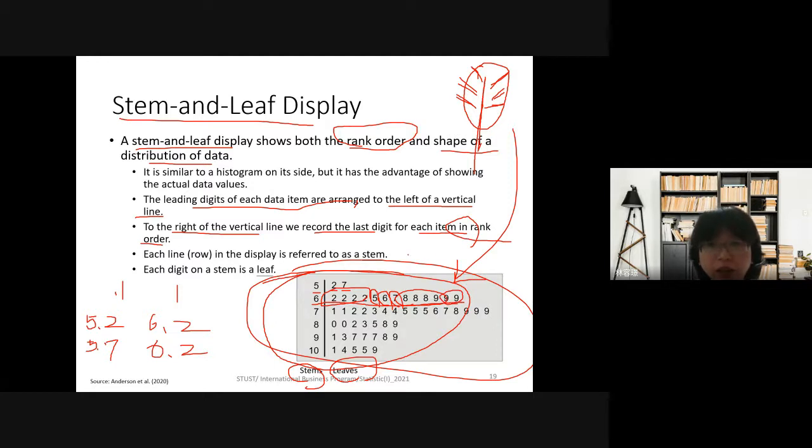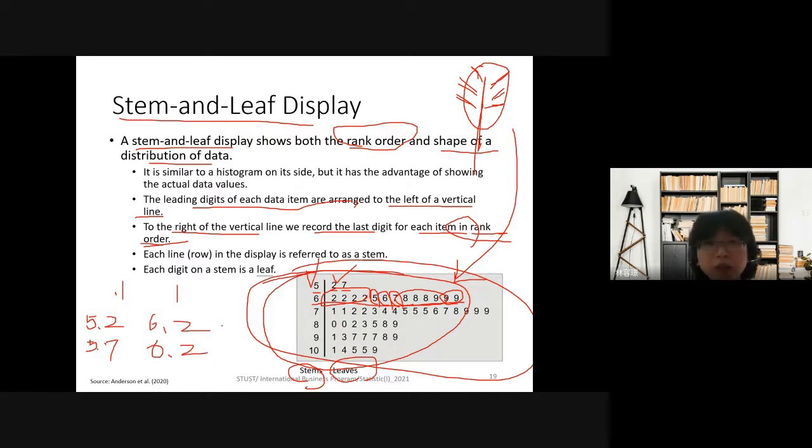You will find they are shown in rank order. Each line in the display is referred to as the stem, and each digit on the stem is a leaf.